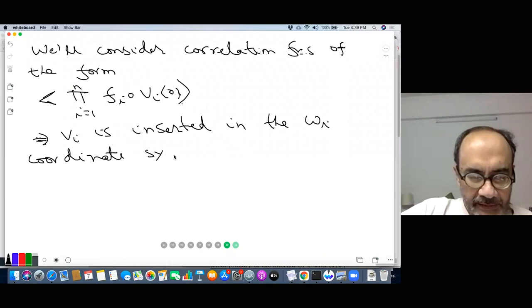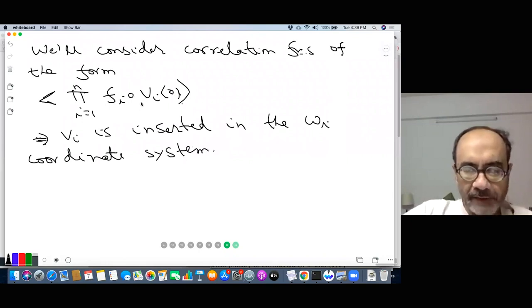And this Fi dot Vi is needed because you want to convert the same Vi written in the Wi coordinate system, which becomes Fi dot Vi of 0 in the Z coordinate system. And this is the coordinate system in which we have written the correlation function.